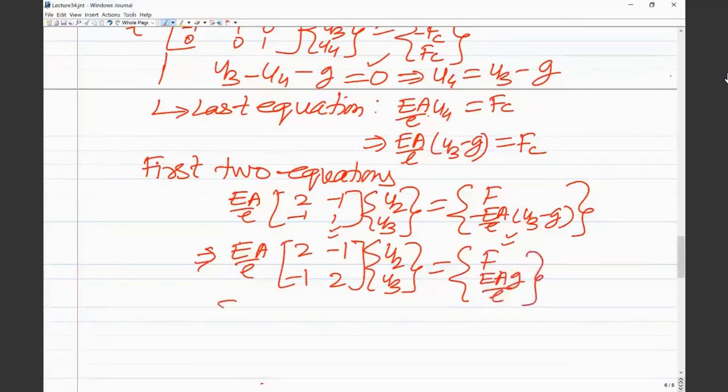And then you simply solve for U2 and U3. Once you solve for U2 and U3, you can get U4 from this equation. Once U3 is known, you can get U4. So this will be the total solution. Now we want to look at something more.